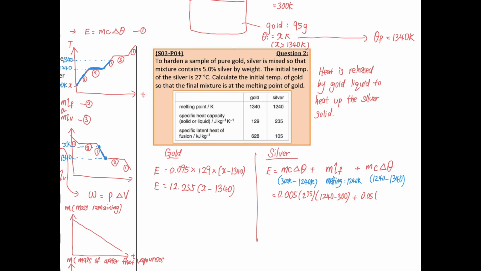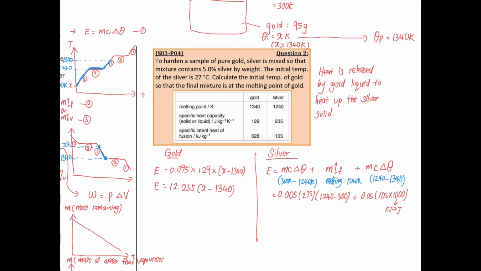Okay, be careful with the unit. You see they use kilojoule here, and this one they use joule. So 105, let's change to joule, times 1000, kilojoule to joule. That's why we times 1000.